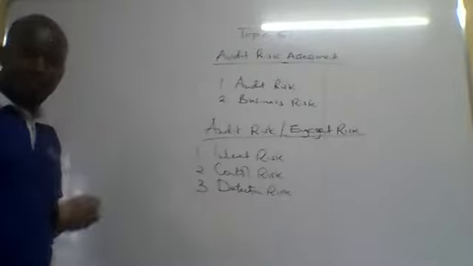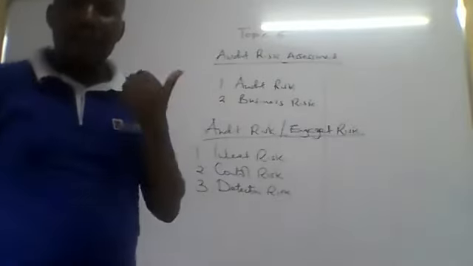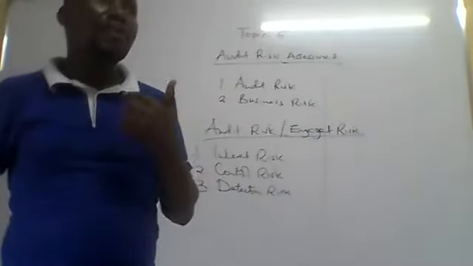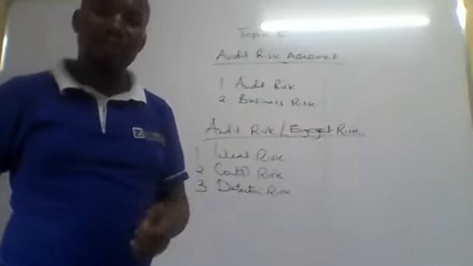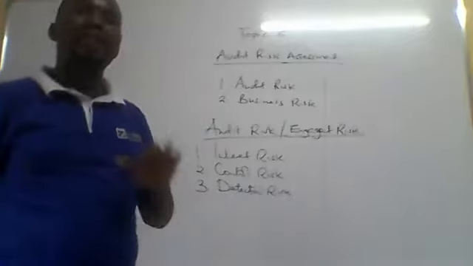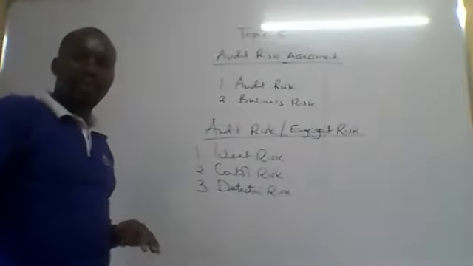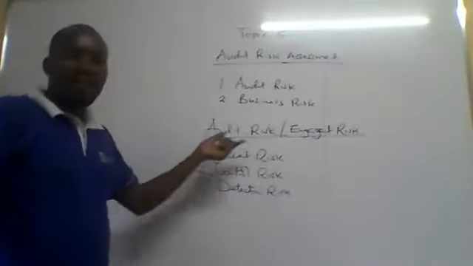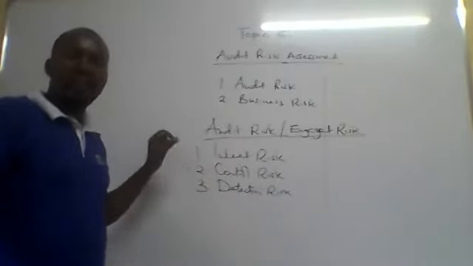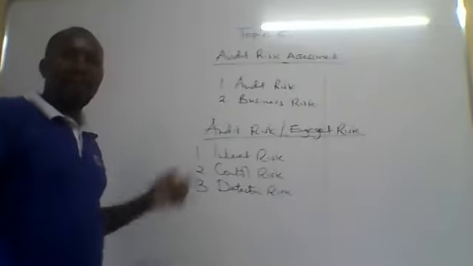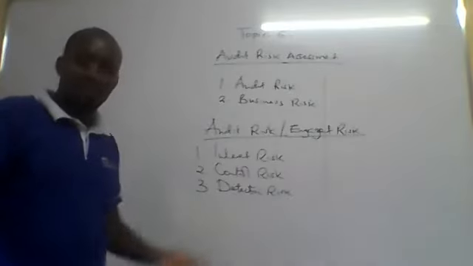How is it inappropriate? It can give an audit opinion that the financial statements are okay, that they represent a true and fair view, while in real sense, they are materially misstated. You're giving a conclusion that they are true and fair. That is an audit risk.